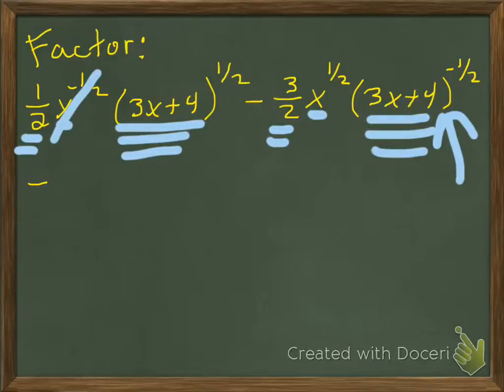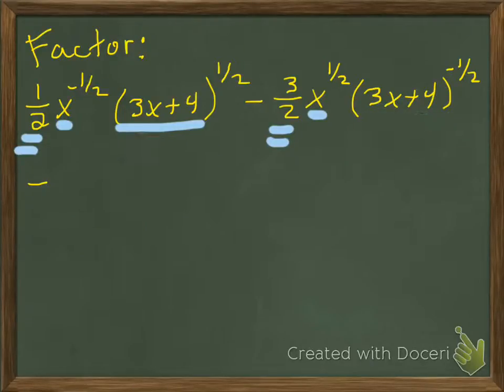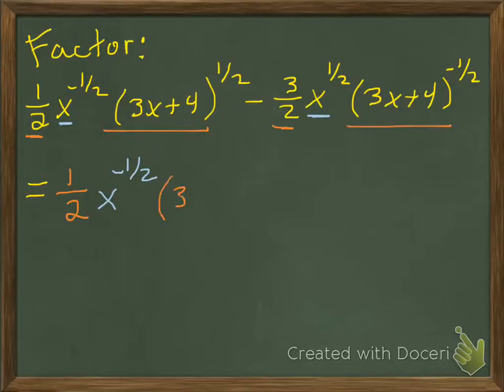For the fractions, we have a 1/2 in common, so we're going to factor out a 1/2. For the x to the minus 1/2 and the x to the 1/2, the lower power is minus 1/2. For the 3x plus 4, the lower power is (3x plus 4) to the minus 1/2.